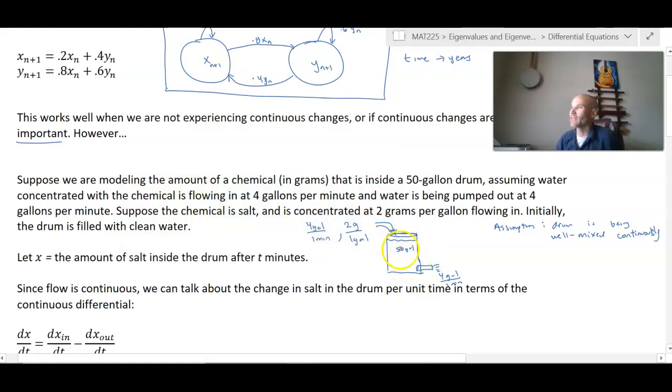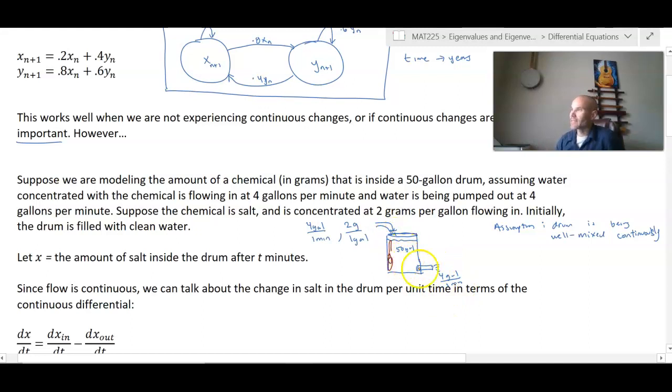It's not really getting mixed in. So we're just going to assume that, if you want, you can assume that there's some sort of blade in here that's spinning and mixing this all up. And we're going to assume that was a very bad drawing. We're going to assume that everything in there is instantly well mixed.